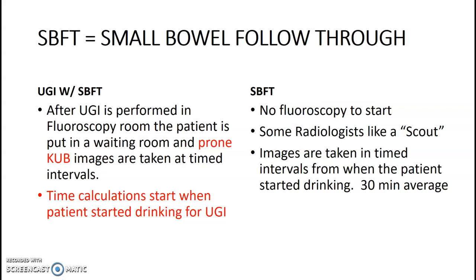Anytime you have a patient with an upper GI small bowel follow-through, make sure you're documenting what time they start drinking. Or in the control area where you send your images, all your images have the time on them, so if you forget to document the time, your first image will usually have the time stamped on it.